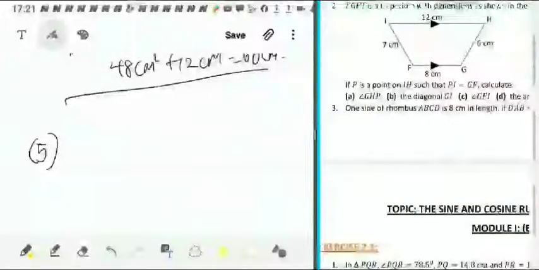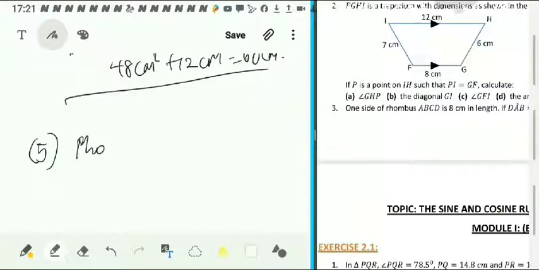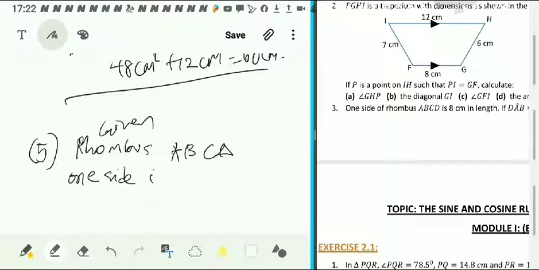Okay, so number five. One side of a rhombus ABCD, so we have rhombus ABCD. One side of the rhombus is 8 centimeter in length.